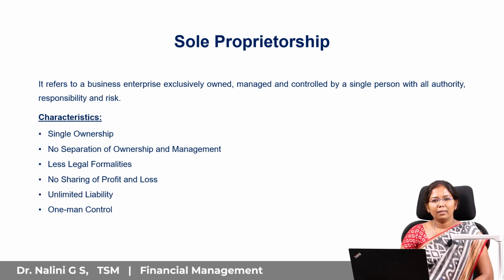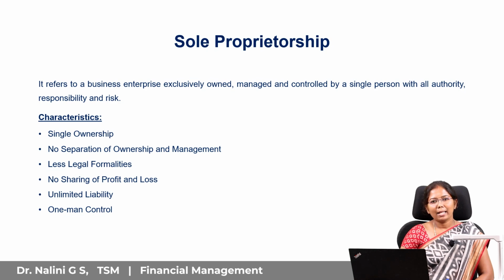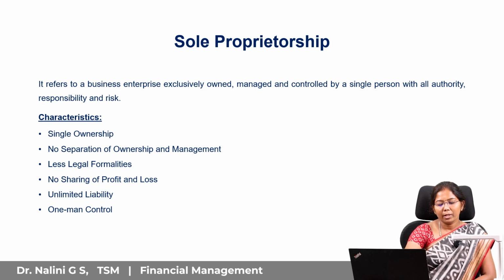The main demerit of sole proprietorship is unlimited liability. When the business makes loss, the sole proprietor has to use his own personal assets to pay off the business loss. That is called unlimited liability. Liability is not limited to any extent. And one man control.